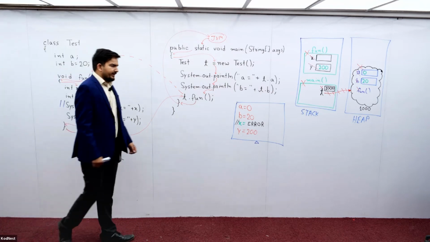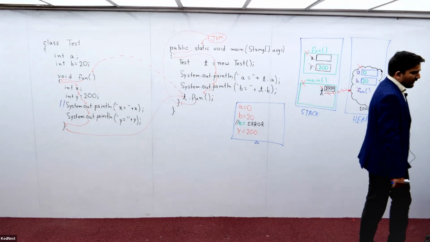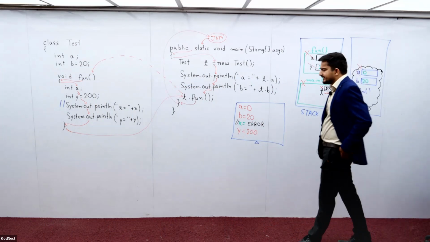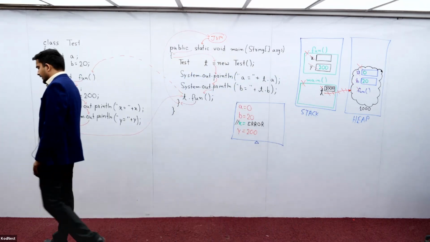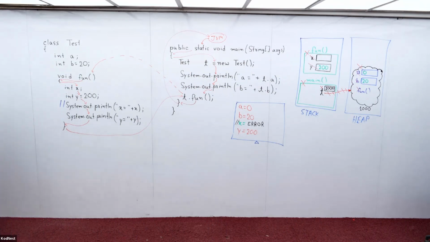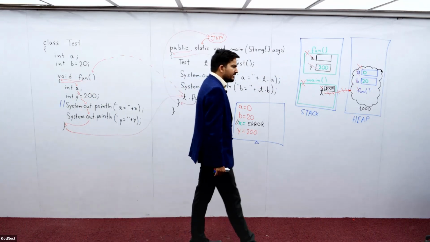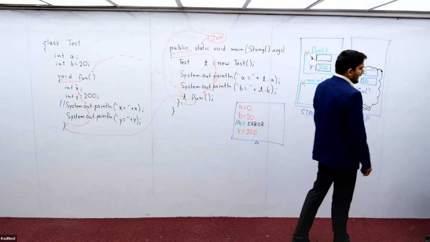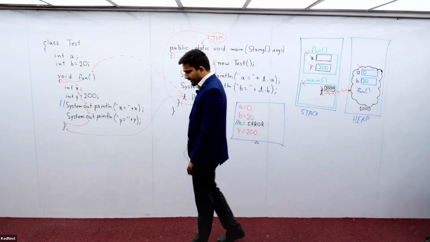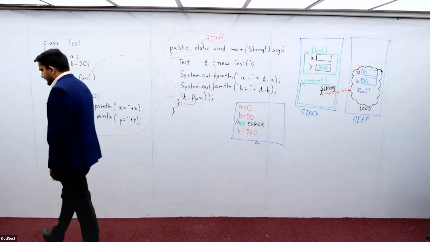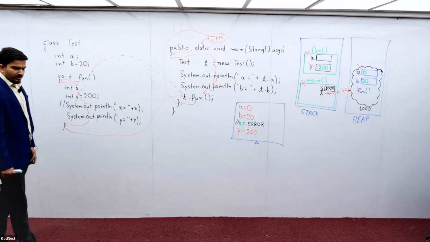Local variables are declared inside a method or a constructor or any other block.